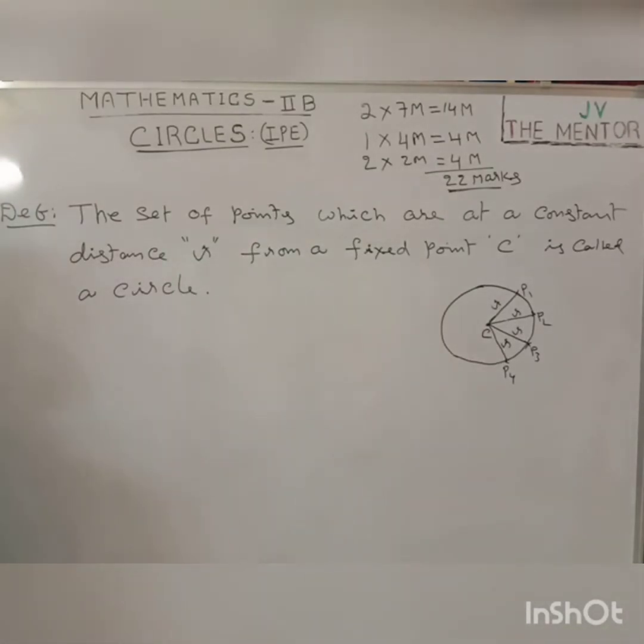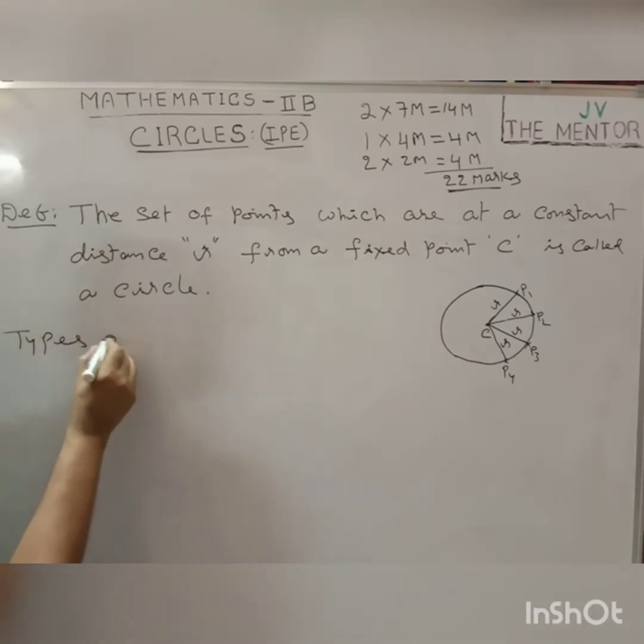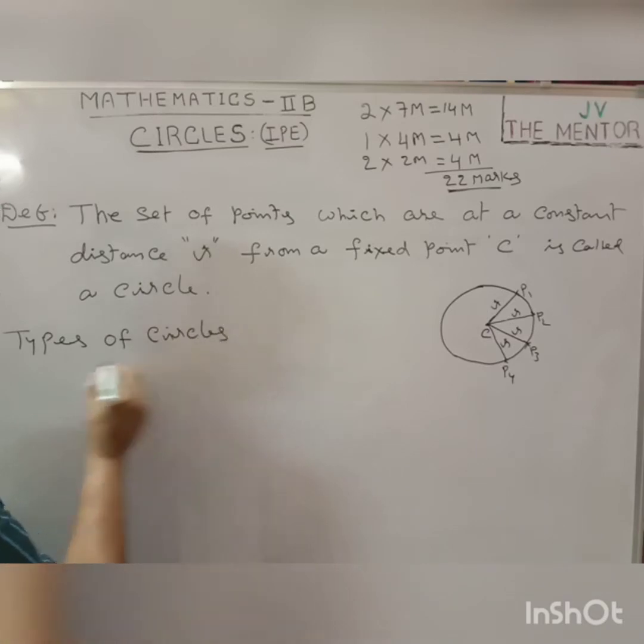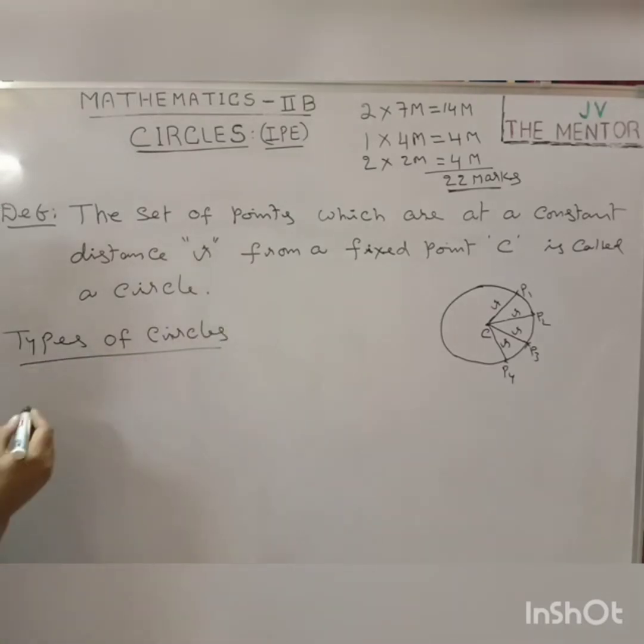Now, second one, types of circles. First one, unit circle.